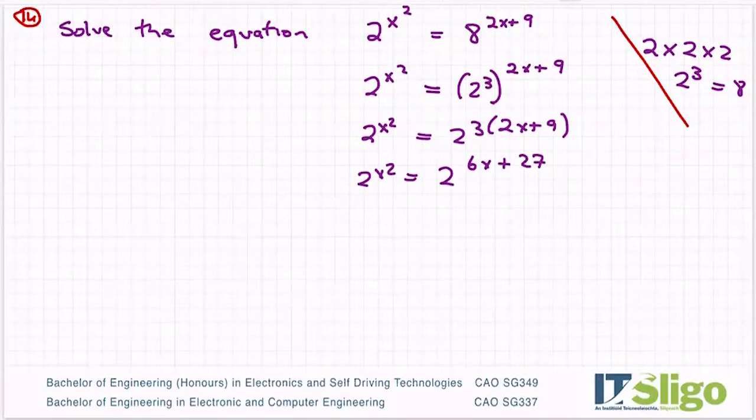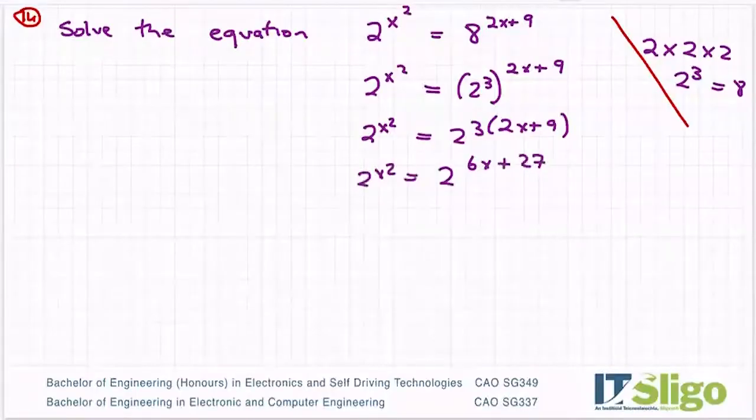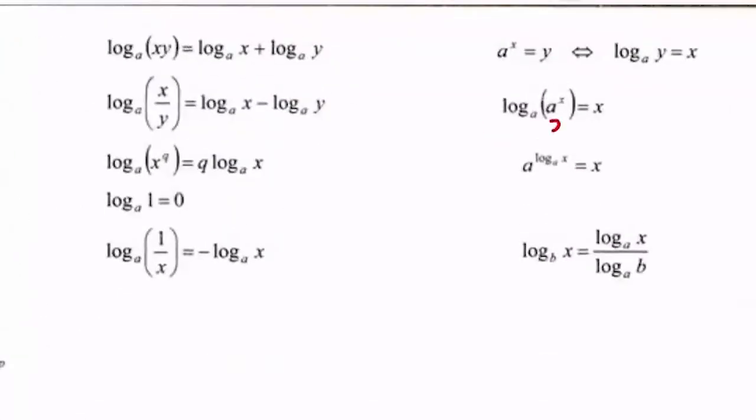Now at this stage, just like we've been doing all along, we can get rid of base 2. We use this rule here. We have base 2 here, so if I take log to the base 2 of that, the 2 and the log to the base 2 cancel and I'm left with just what's in the power.